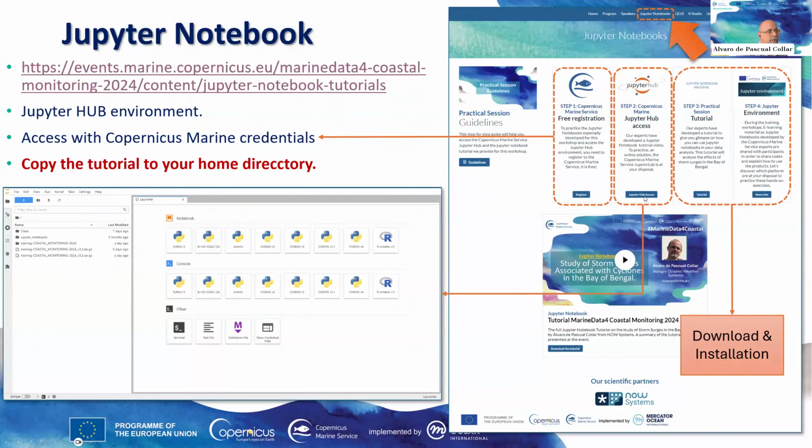But to access this Jupyter Hub, you will need to be registered in Copernicus Marine Services, right? So you will need to first be registered, and you will access using your Copernicus Marine Service credentials.